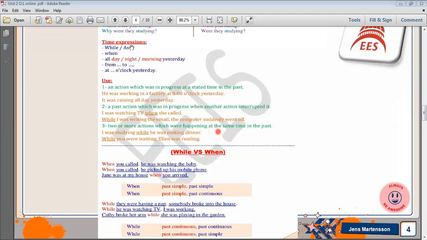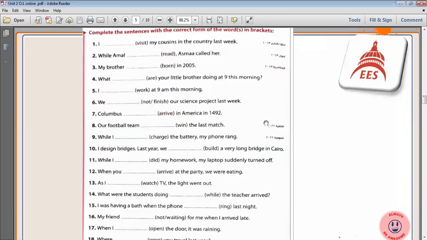Now let's practice a little bit. Let's take a look at this page. Here I have sentences, and as you can see, I have a verb between brackets.